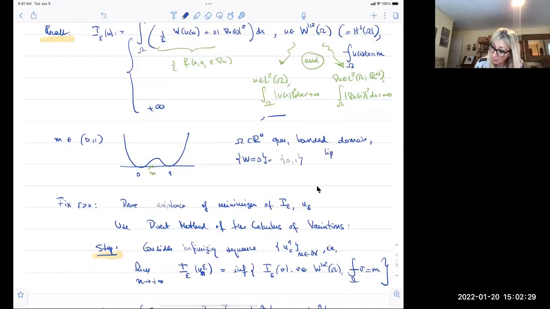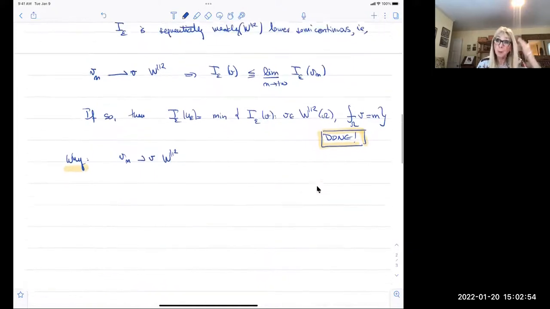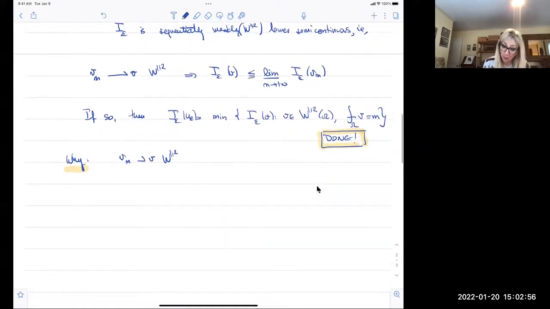In particular, I want to use Rellich-Kondrachov, that is, weak convergence in W^{1,2} implies strong convergence in L2, actually even better than L2, L2 star, but it's okay. It's a Lipschitz domain, so the boundary of the domain locally stands to one side of the graph of a Lipschitz function.